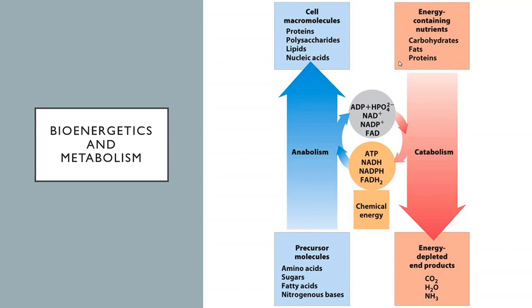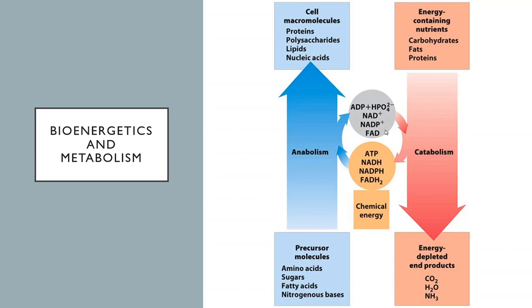And then catabolism consists of taking energy-containing nutrients like carbohydrates, fats, and proteins. Again, if you're a heterotroph, you get those from your food, and then breaking those down into their lowest energy end products like carbon dioxide, water, and ammonia, especially for the proteins, and extracting that energy and using it to make ATP from ADP and inorganic phosphate.